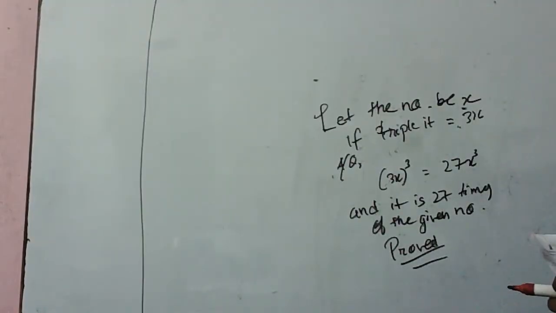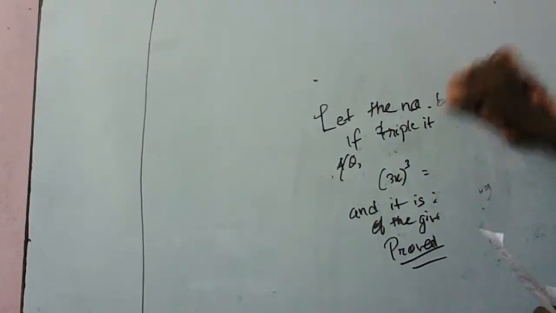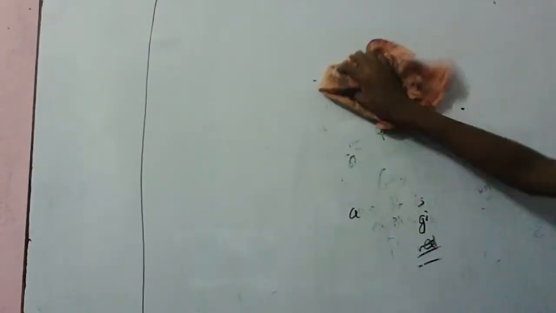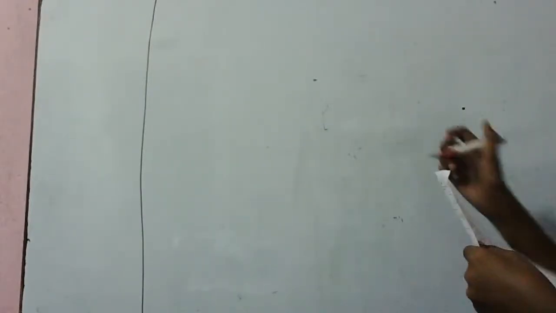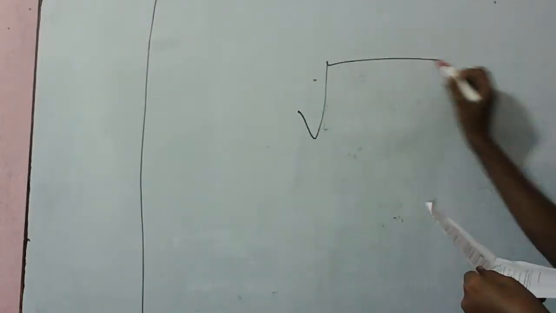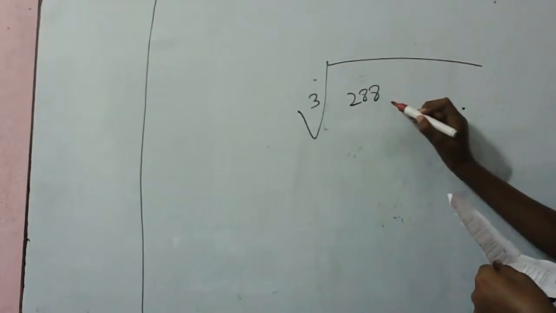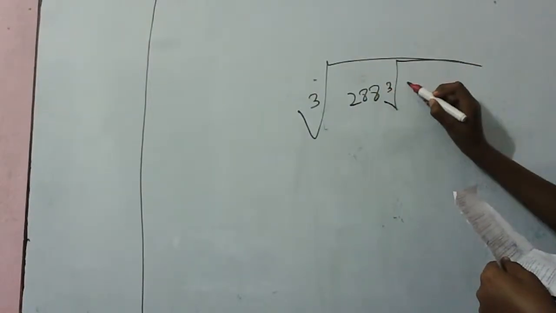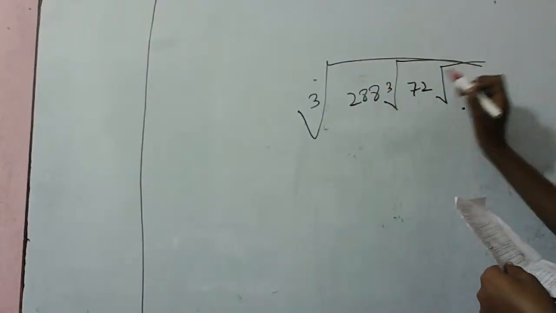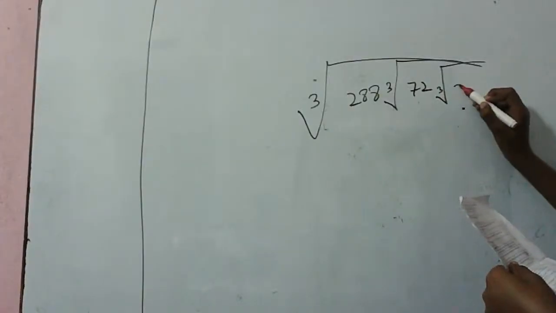Now, second question of section B, evaluate. It is so easy. It is the question of chapter 2, cube and cube root. Evaluate cube root of 288, then cube root of 72, then cube root of 27.